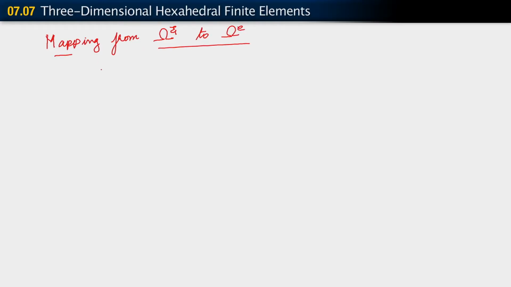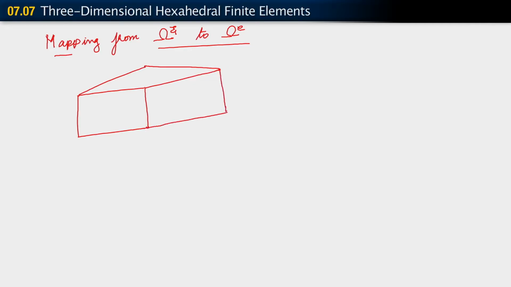Okay, so here's what we have. We have omega e, and I'm somewhat purposely going to draw this as an irregular hexahedron. So maybe something like that. Okay, that's reasonably irregular as a hexahedron.